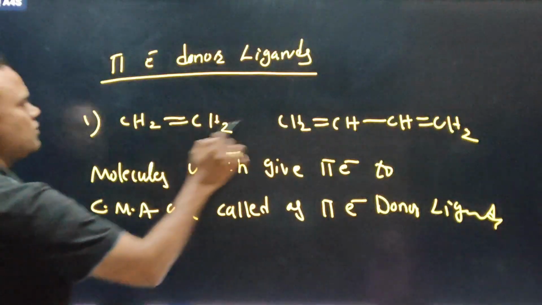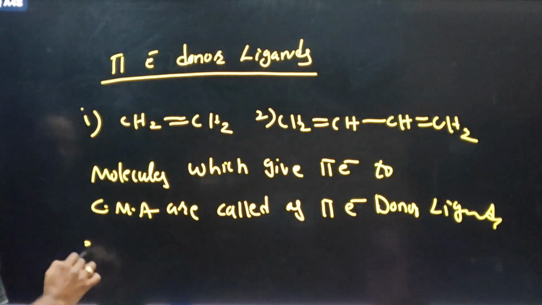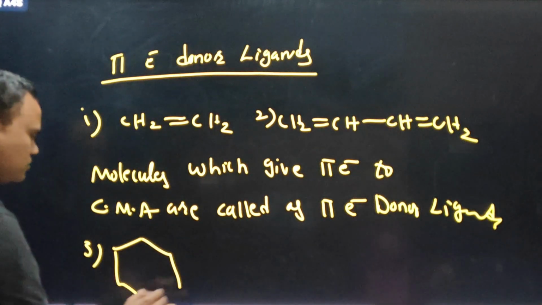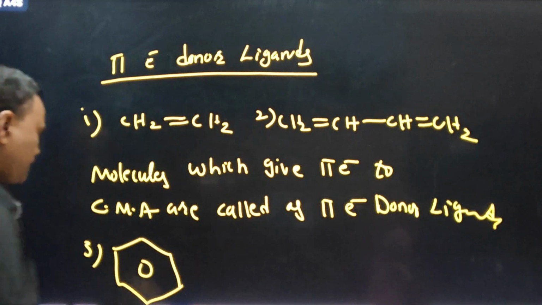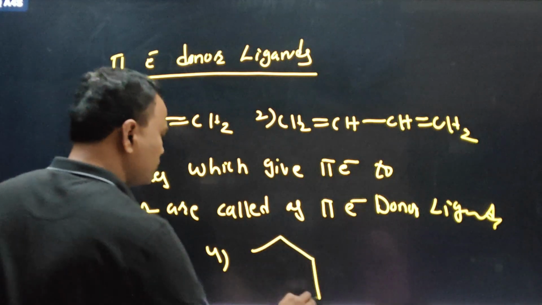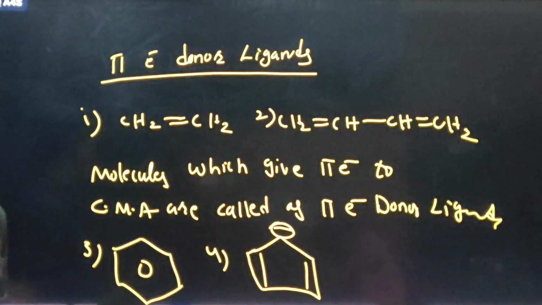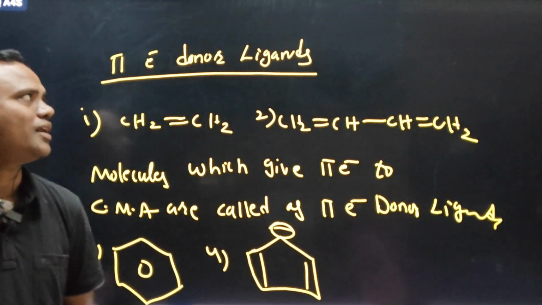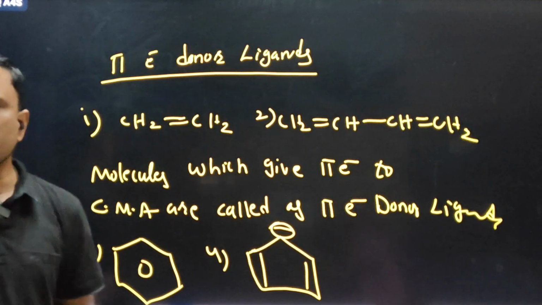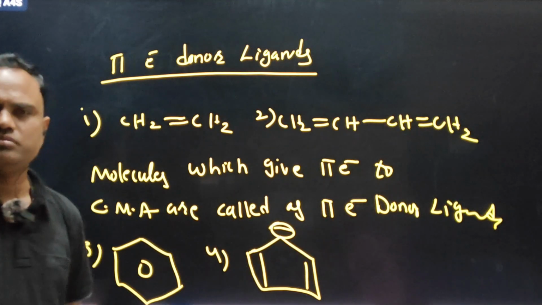See example 1, example 2, benzene also. And the fourth one, cyclopentadienyl anion. All these are pi electron donor ligands. In NEET they didn't ask the question, but you prepare.